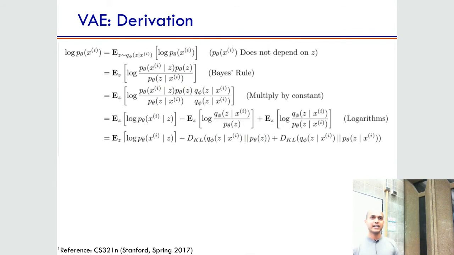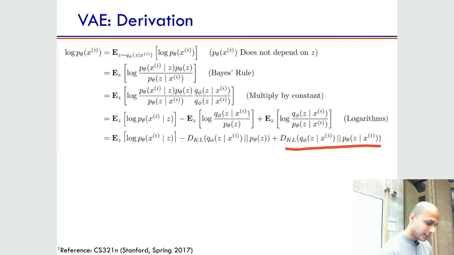And the reason why I introduced KL divergence in the previous slide is to make notation simpler. Maybe it did not make it too simple, but this last term is a KL divergence between Q phi and P theta. Okay, so KL divergence between these 2, and the second term is the KL divergence between Q phi and P theta, whereas P theta is just the marginal distribution of z.